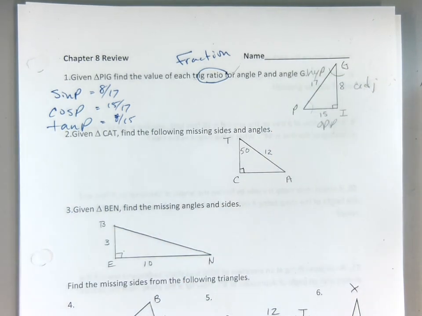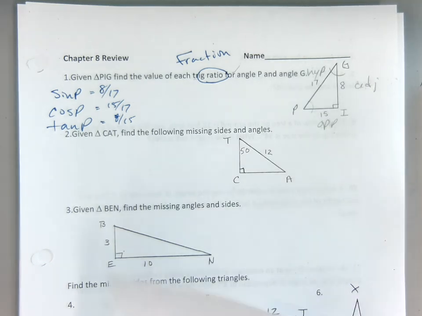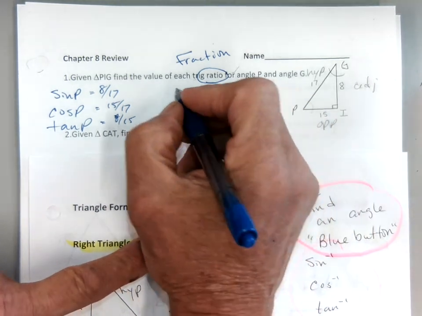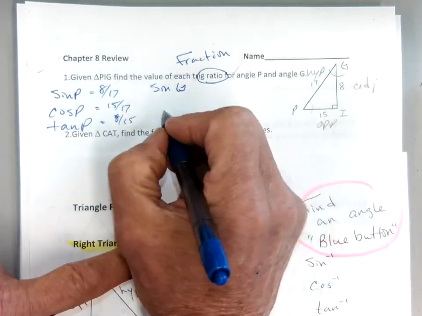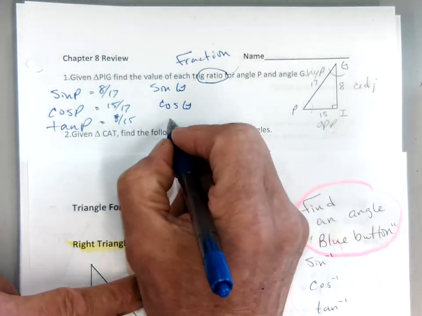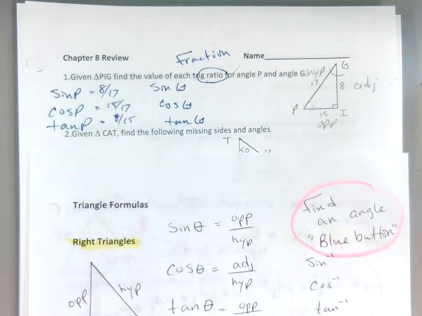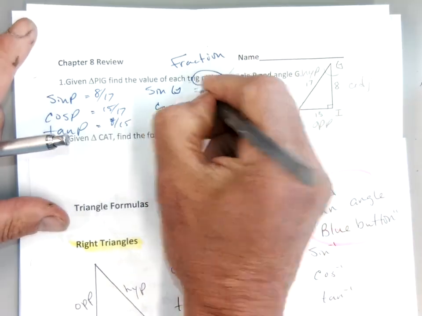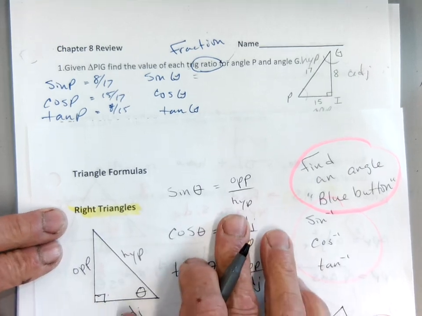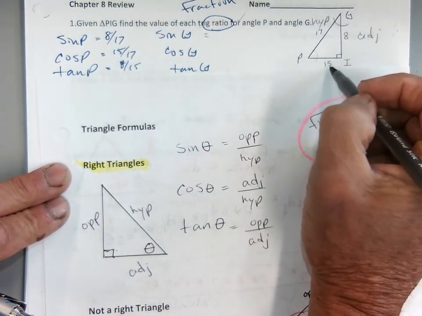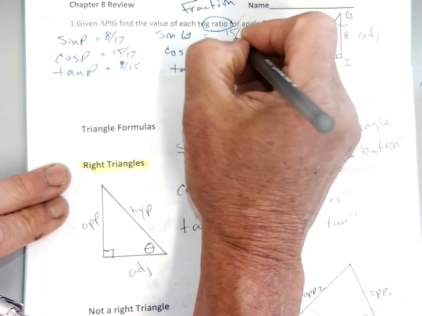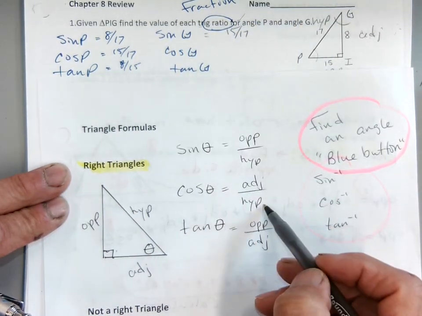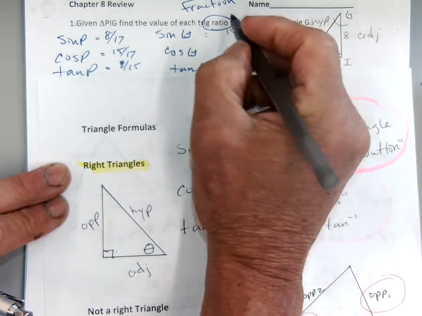From there, again, we take a look at our ratios. We've got sine of G, cosine of G, and tangent of G. Sine of G is opposite over hypotenuse, which is 15 over 17. Cosine is adjacent over hypotenuse, which is 8 over 17.